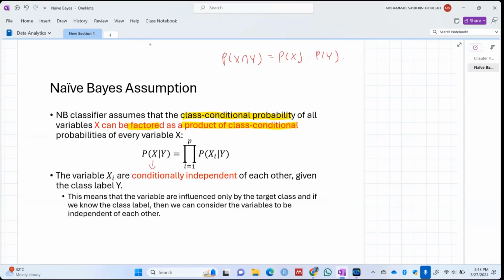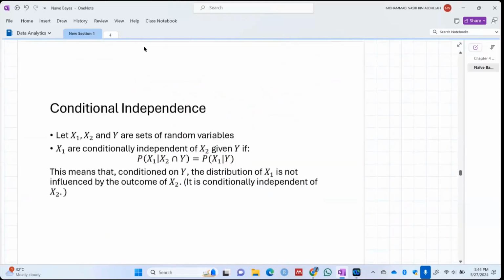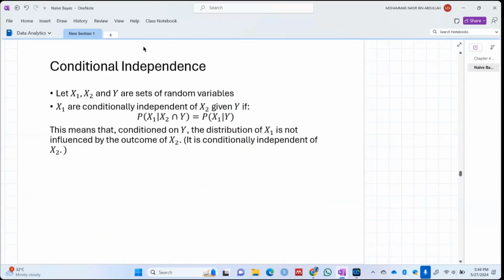So the variables xi are conditionally independent of each other given the class label y. It means that the variables are influenced only by the target class, and if we know the class label, then we can consider the variables to be independent of each other. Conditional independence, I think I already explained just now.